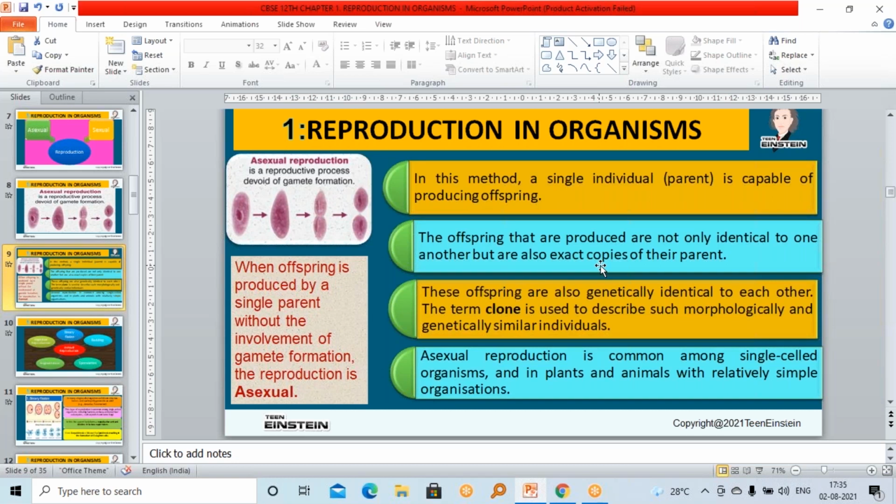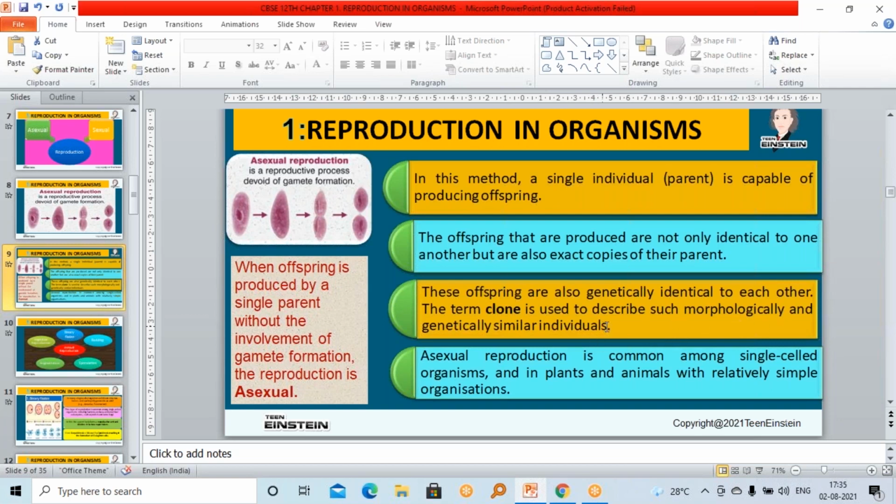In this method, a single individual or single parent is capable of producing offsprings. Only a single parent is involved. There is no involvement of one male and one female parent. Offspring that are produced are not only identical to one another, but they are exact copies of their parent.